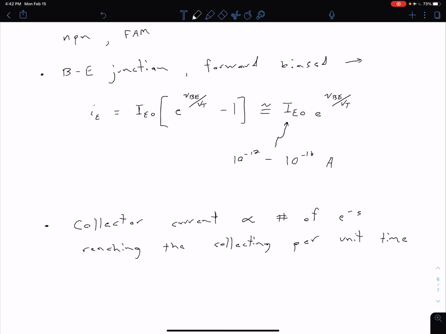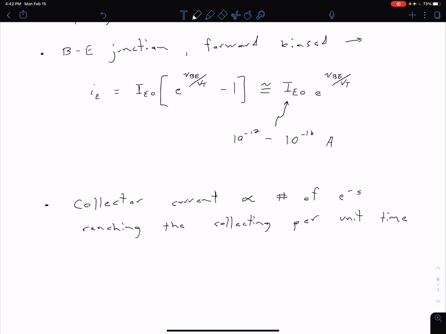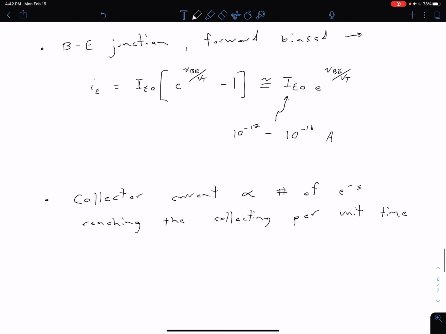Now we know that these electrons are coming from our base emitter junction, so that is going to be proportional to our base emitter junction voltage. If you think back to the previous video, we had a figure showing our gradient for our electron concentration.